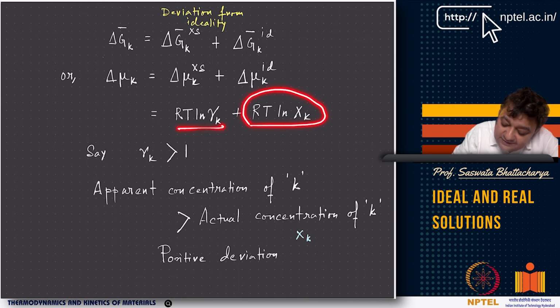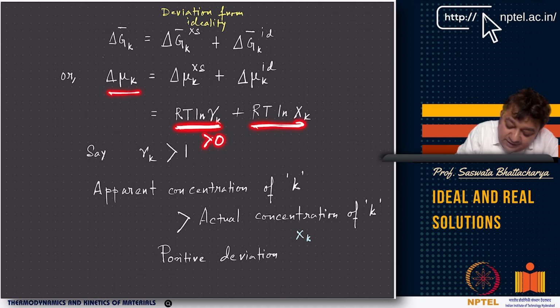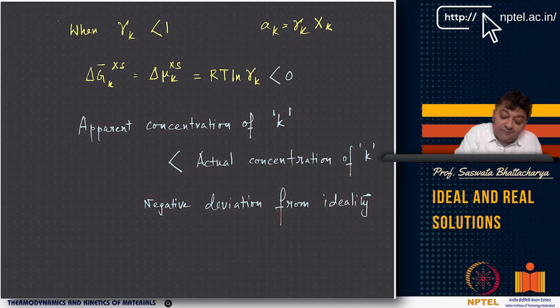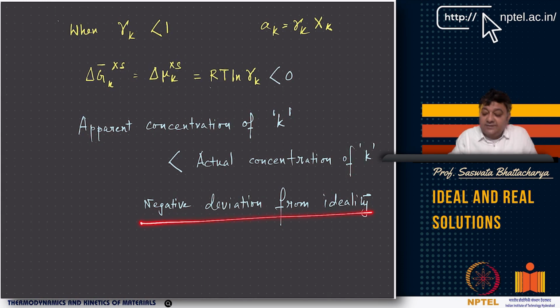So this is your ideality, and if RT ln gamma K is greater than 0, then this adds to this. So delta mu k for the real solution has a positive deviation from ideality. And when gamma k is less than 1, then you have a negative deviation from ideality.